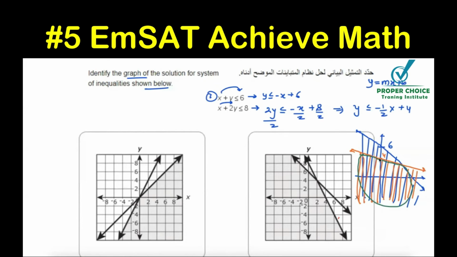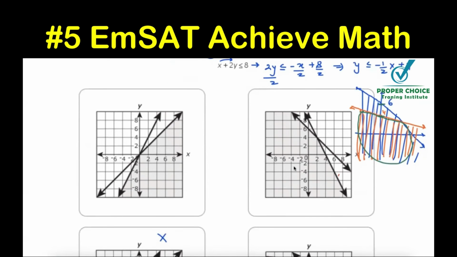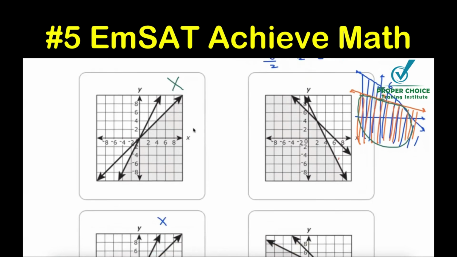And importantly, another thing I observe, one of the lines has y-intercept as positive 6, another line has y-intercept as positive 4. Now look at the options given. Definitely choice A is not the choice because both lines are representing positive slopes.